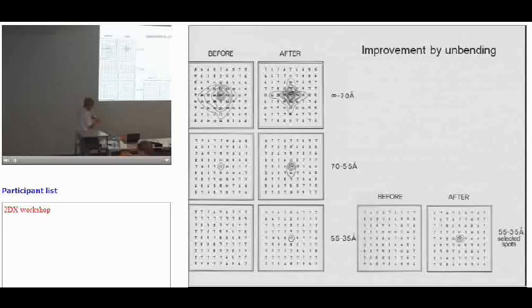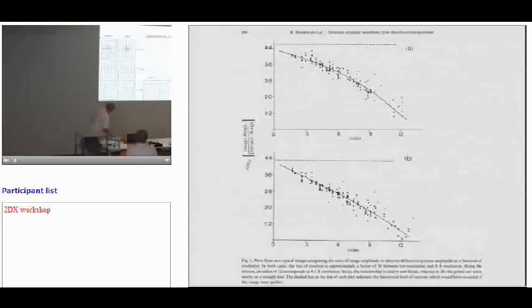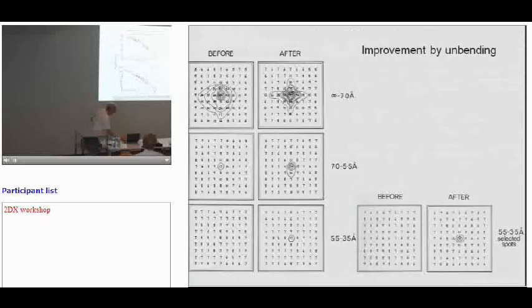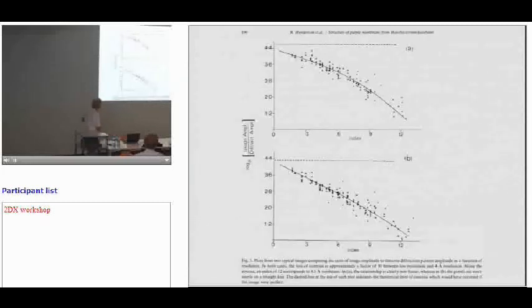So what we hadn't got at this point was the beam tilt. Beam tilt will be on the next slide. What we did was to take these amplitudes that you get in the images and compare them to the electron diffraction pattern. I think Carsten already showed a slide like this. This is a couple of typical images plotting the resolution against the amplitude of the image component compared to the electron diffraction, and you can see that they fade out in the images.